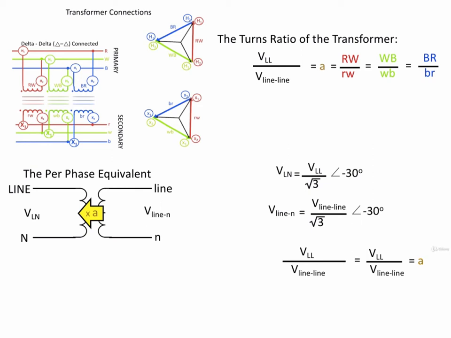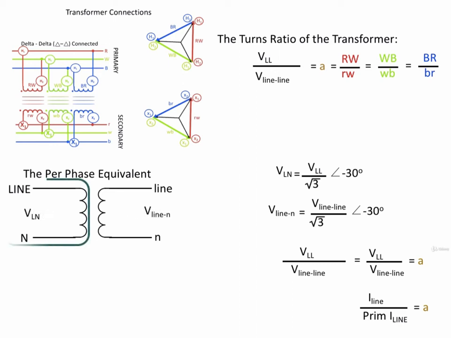The phase to neutral primary voltage can be calculated from the phase to neutral secondary voltage by multiplying by the turns ratio. Or if current is flowing in this single phase transformer, the secondary line current can be found by multiplying the primary line current by the turns ratio.